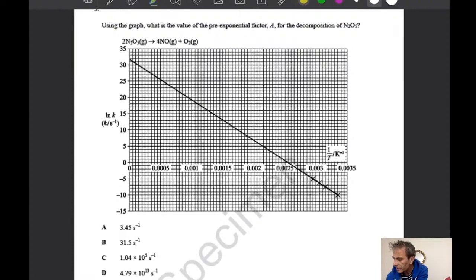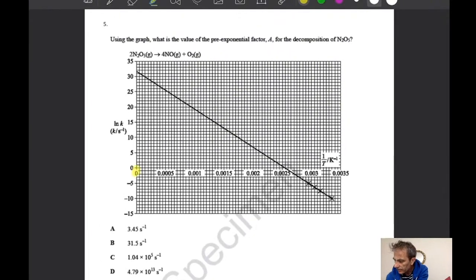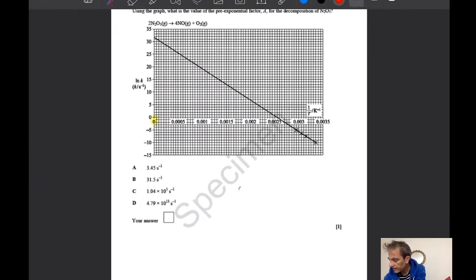Right, so Arrhenius graph now. You'll notice that our x-axis actually starts at 0. So what that means is that the y-intercept is equal to ln of A. Okay, so that means that the ln of A is equal to 31.5.